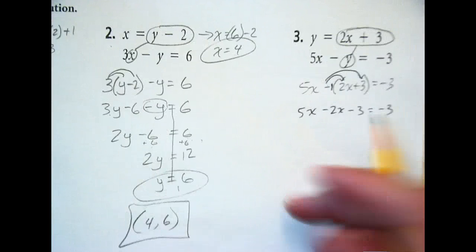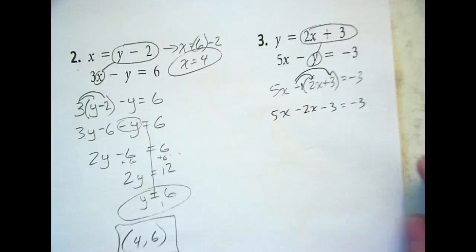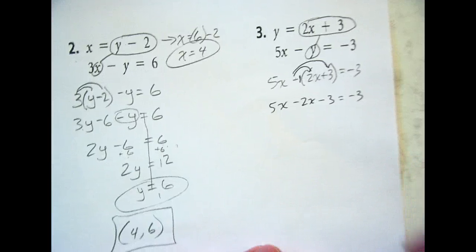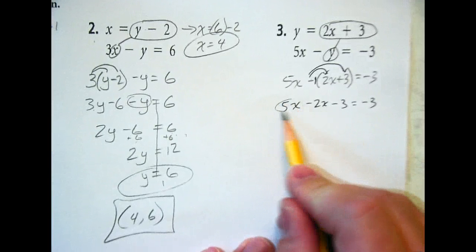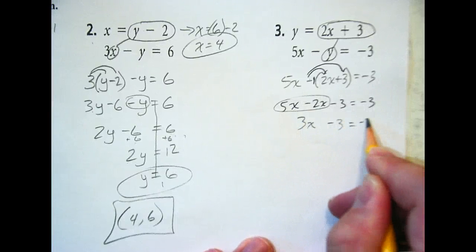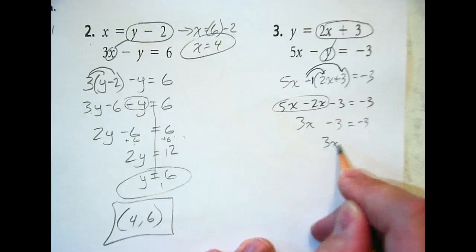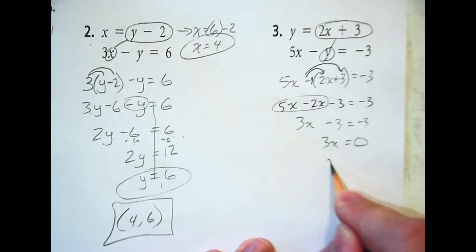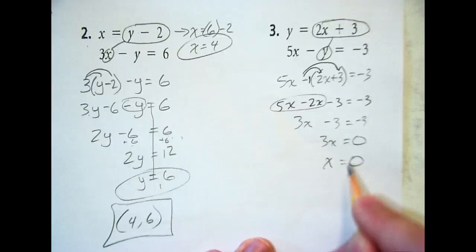You are a common advanced math student. Good job. 5x minus 2x is 3x minus 3. Add 3, 3x equals 0, so x is 0.